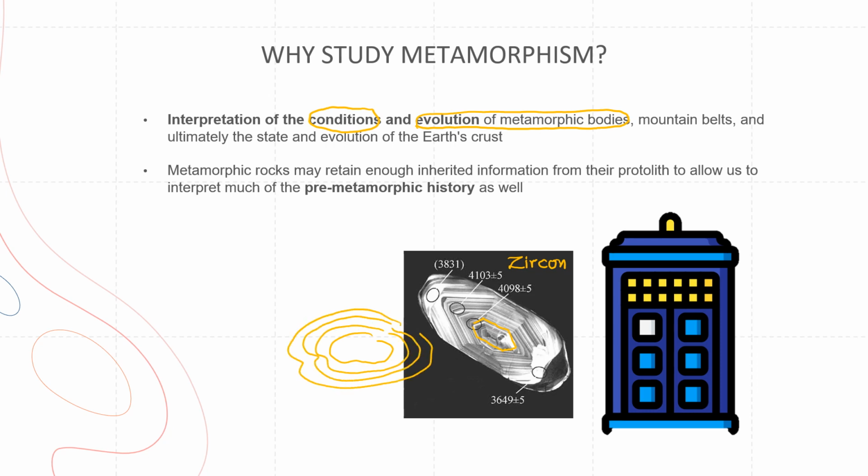So metamorphic rocks retain enough inherited information from their protolith to allow us to interpret much of their pre-metamorphic history as well. So if you have a metamorphic rock, you can try and deduce what type of protolith it comes from and what conditions it may have undergone.